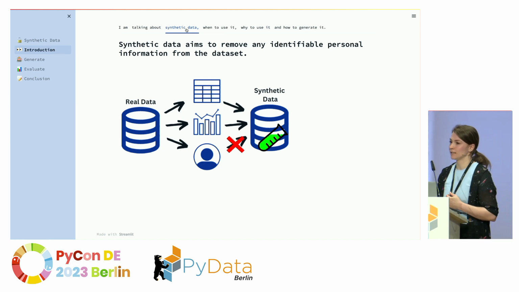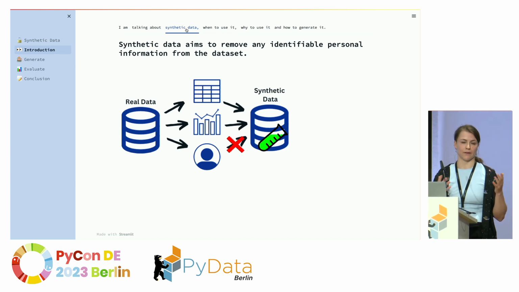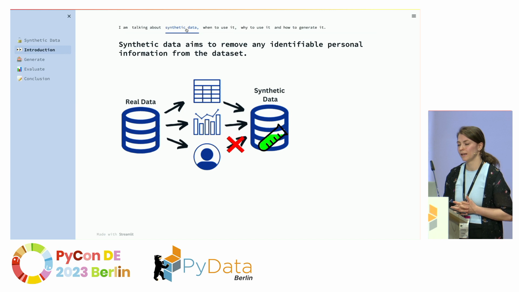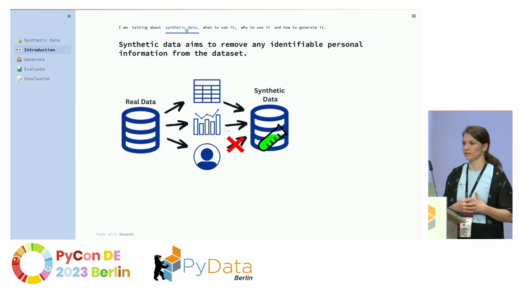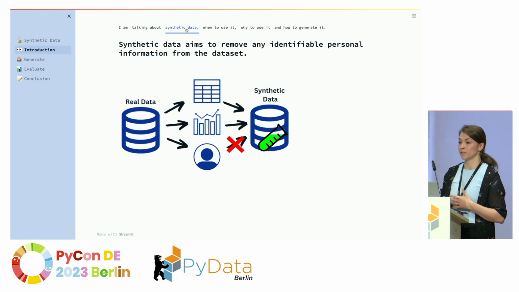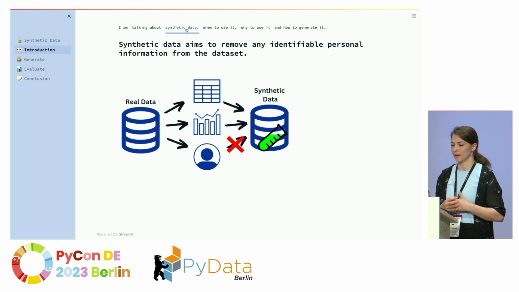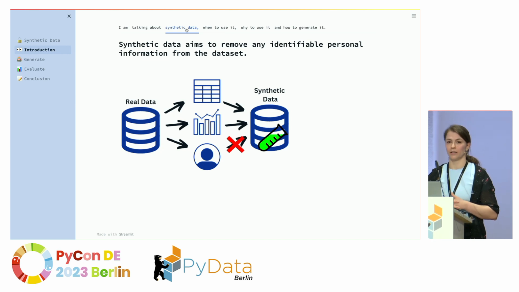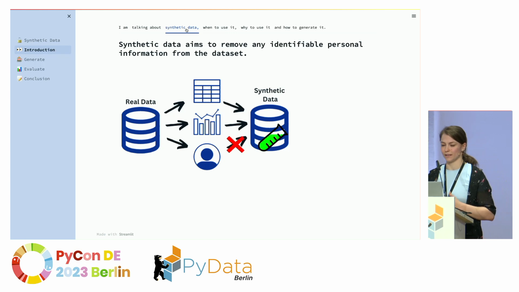So, what is synthetic data? You can think of synthetic data as a version of real data, where you transfer the format, meaning you have the same columns and features, and you transfer the information, hopefully, right? So you have the same distribution of categories or certain statistical moments that are not copied, but the same.